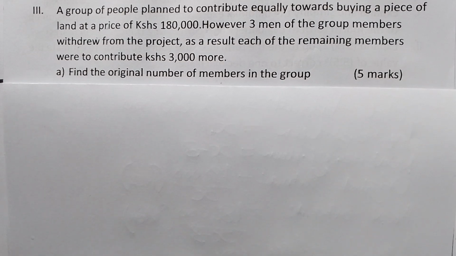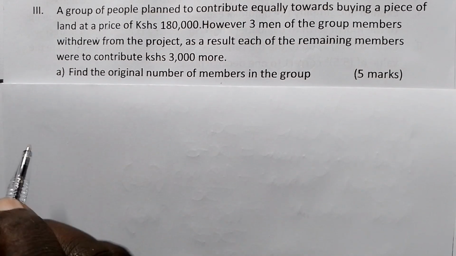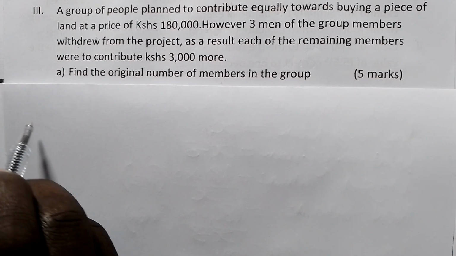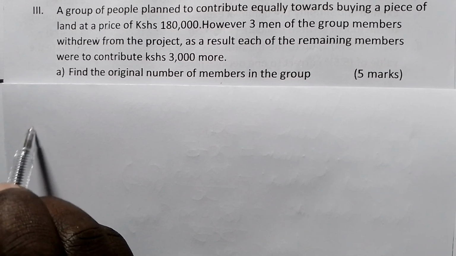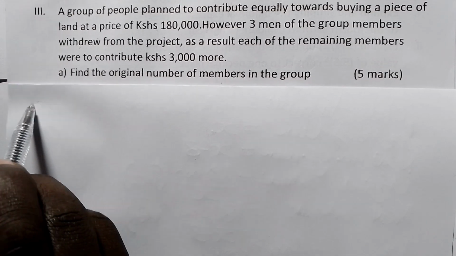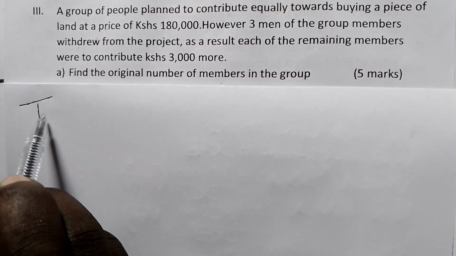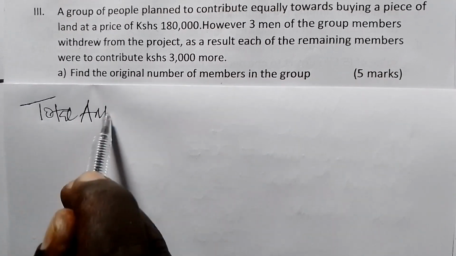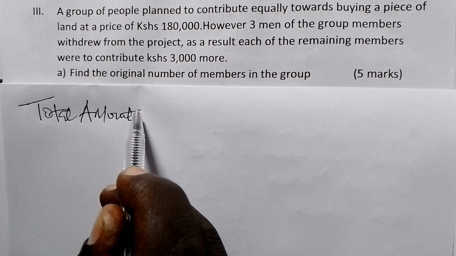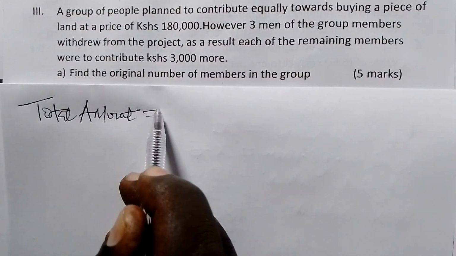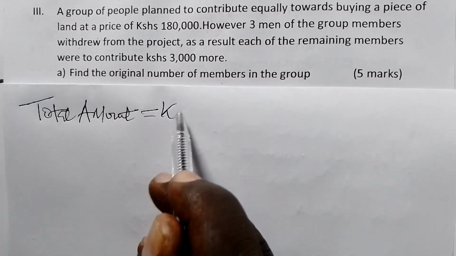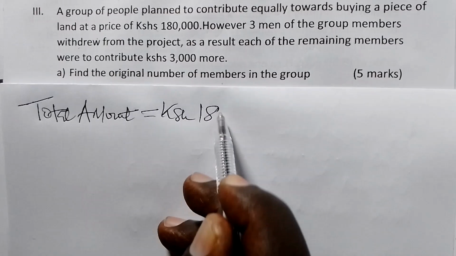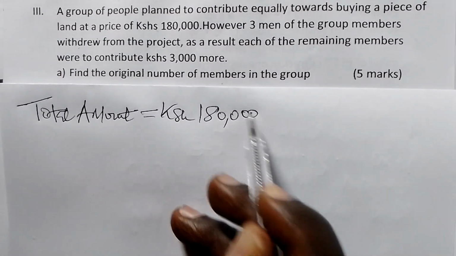So you can make a summary statement from the given statement. We can say the total amount to be contributed will be equal to Kenya shillings 180,000.